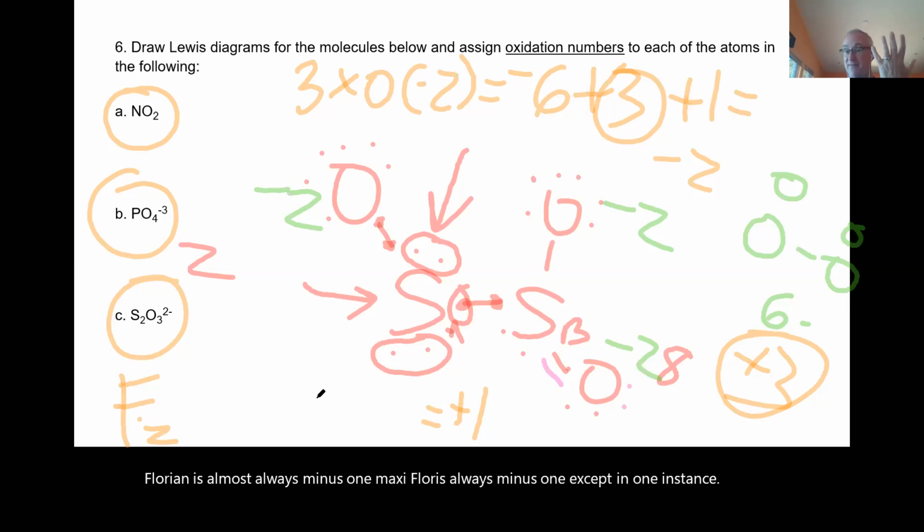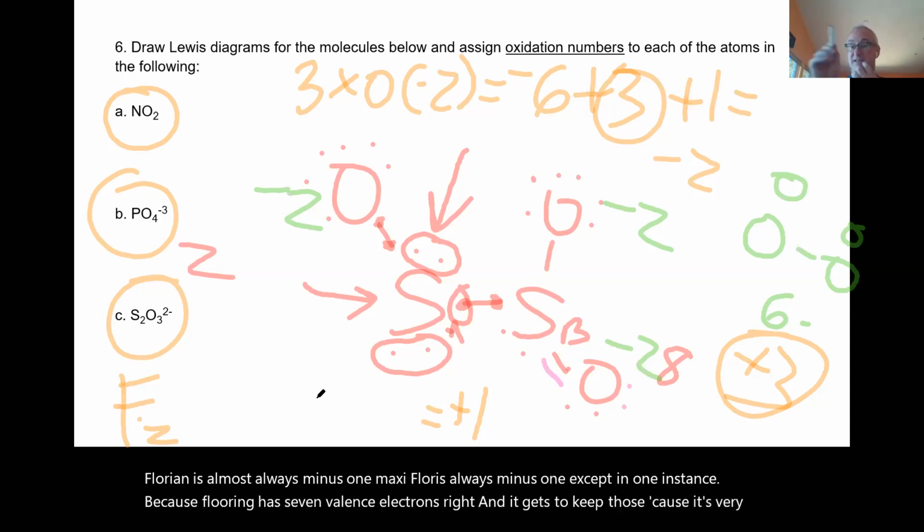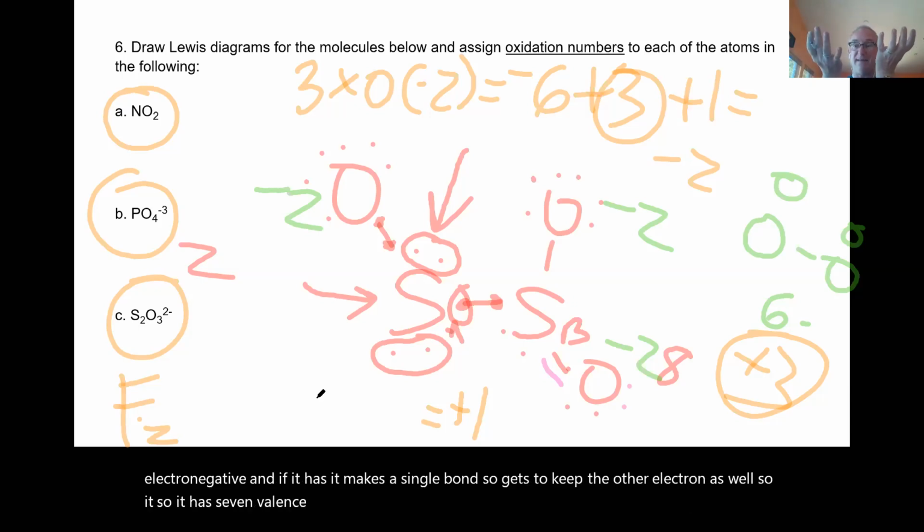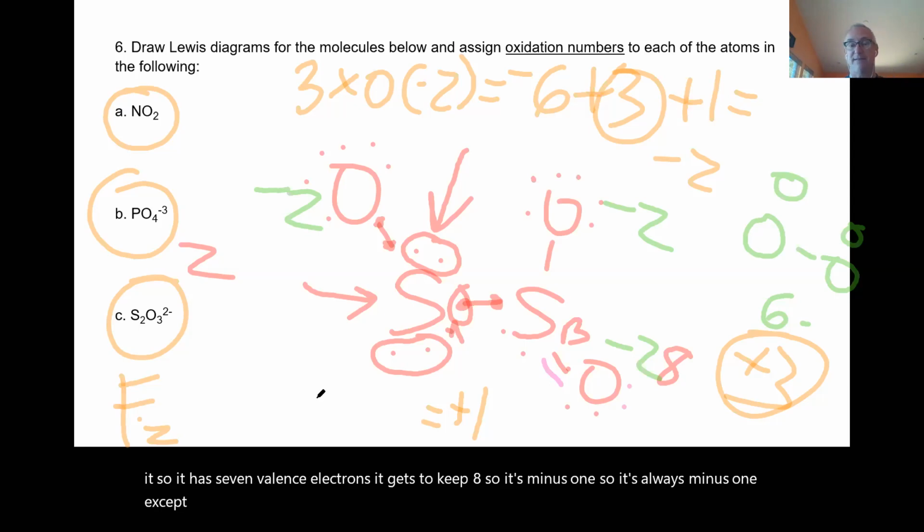Because fluorine has 7 valence electrons, right? And it gets to keep those because it's very electronegative. And if it makes a single bond, it gets to keep the other electron as well. So it has 7 valence electrons, it gets to keep 8, so it's -1. So it's always -1, except in one instance, when it's bound to itself. And so when it's bound to itself as F2, what's its oxidation number?